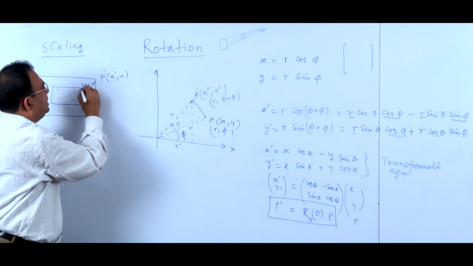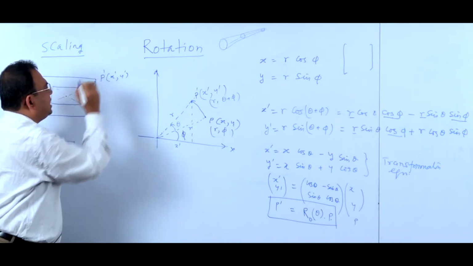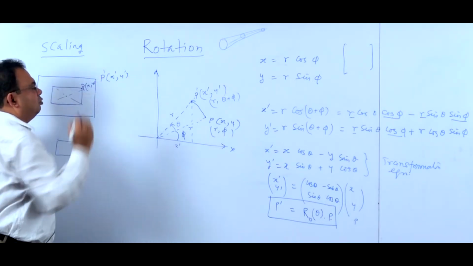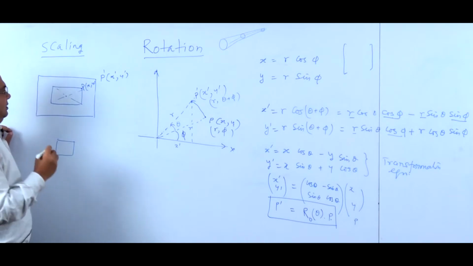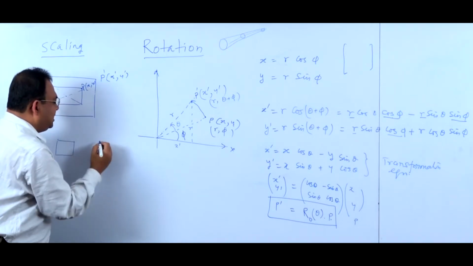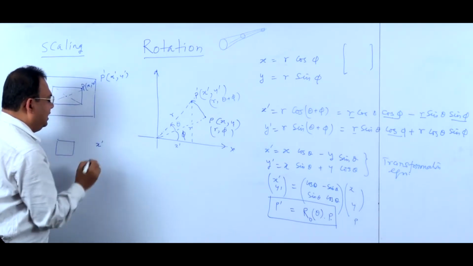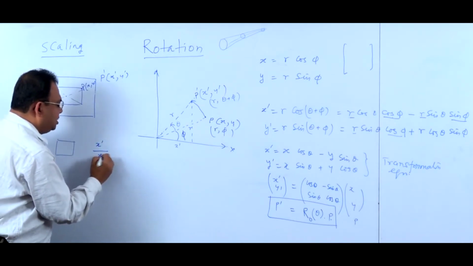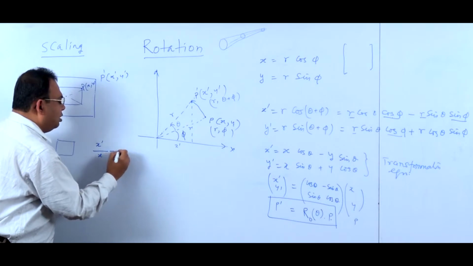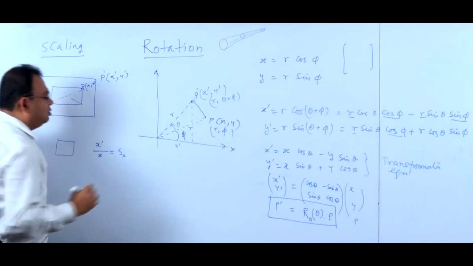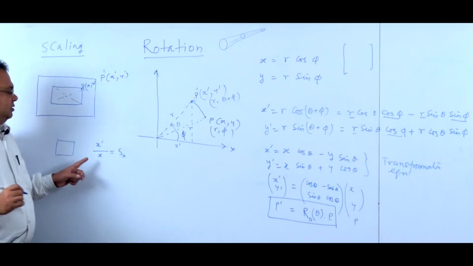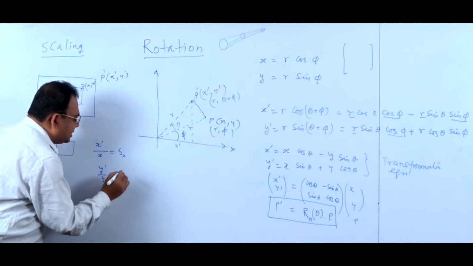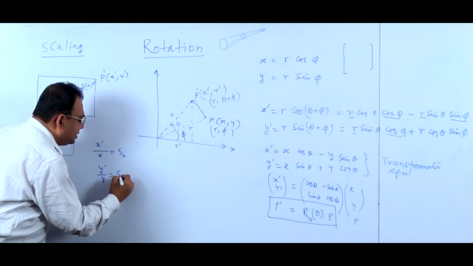P changes its position to P dash such that x changes to x dash and y changes to y dash, and the ratio of this change, that is, final x divided by original x, is called the scale factor along the x direction. In the same way, y dash by y is the scale factor along the y direction, that is sy.